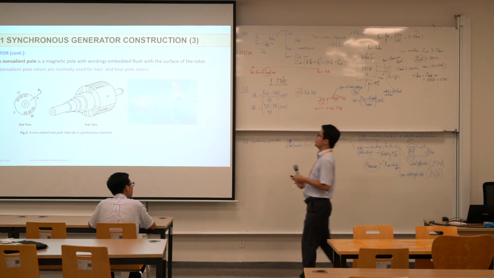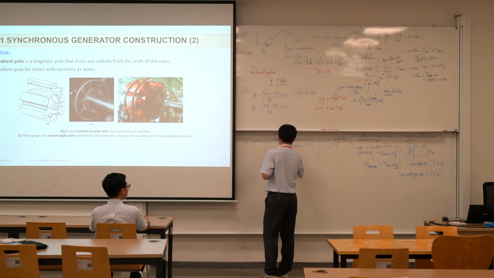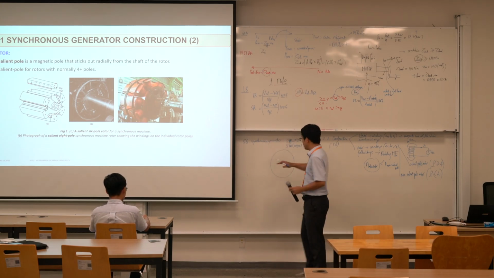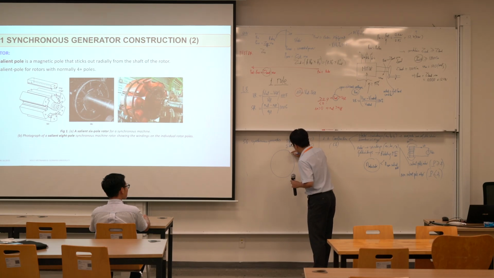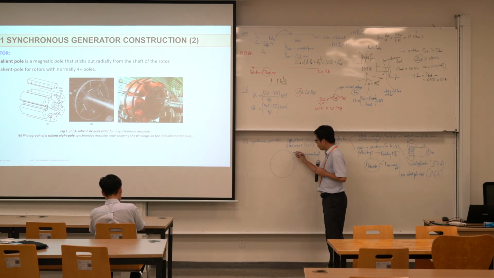Look, why? Because the diameter of salient poles is bigger, so sometimes if we cannot get symmetrical, non-symmetrical, very dangerous, you know. So if we have some distortion here, that means the rotor is unbalanced.